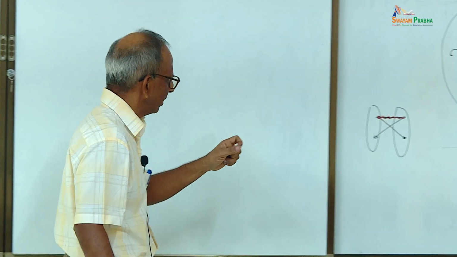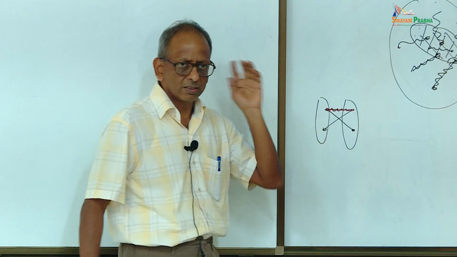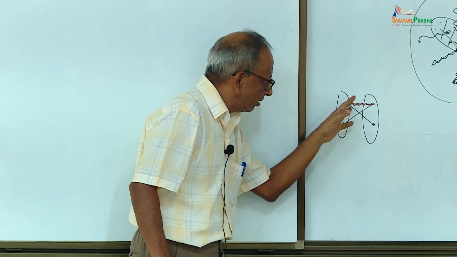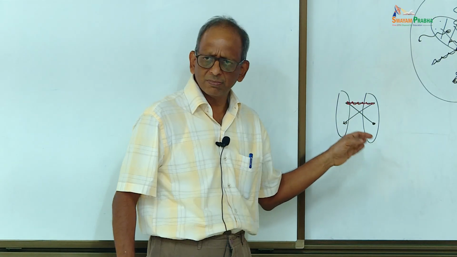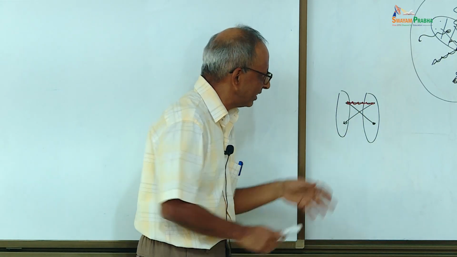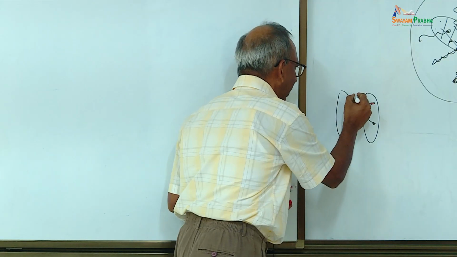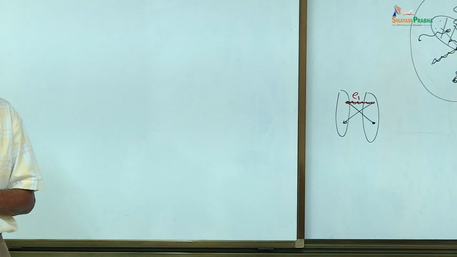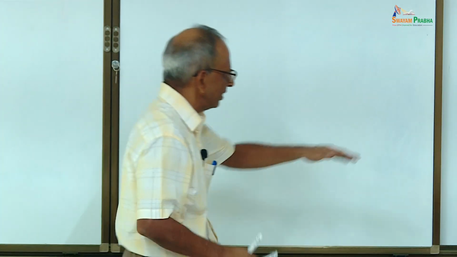Okay. So how do we improve this algorithm, this matching? The current matching has only the edge E1. How do we improve this? What can we do? So this is already in the matching.